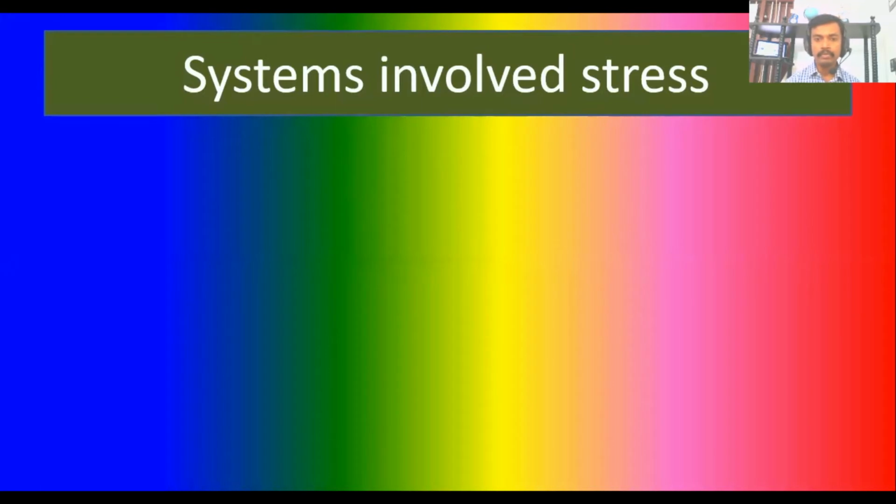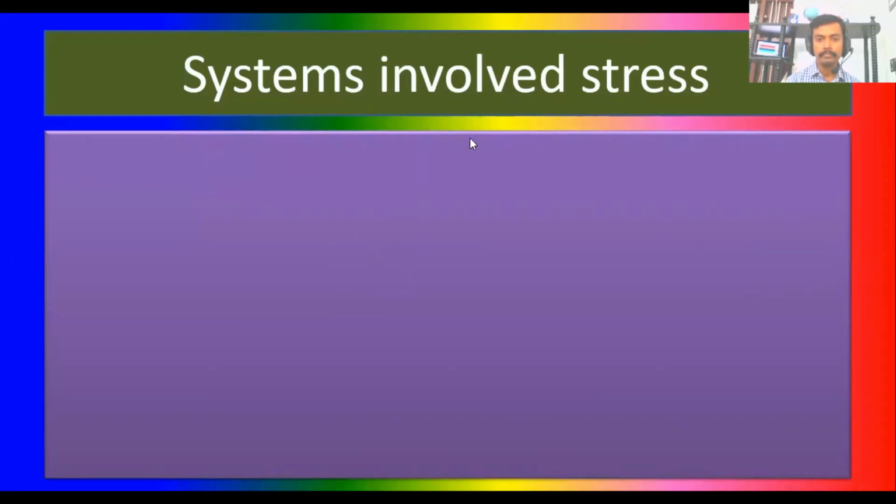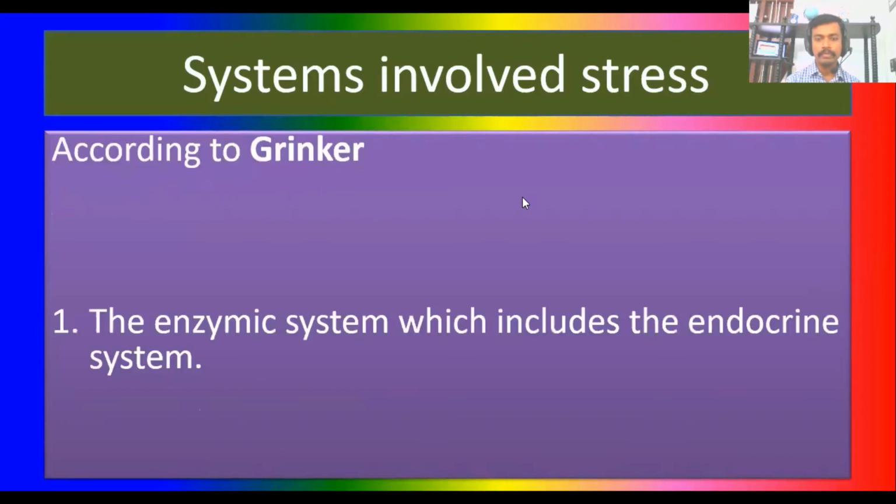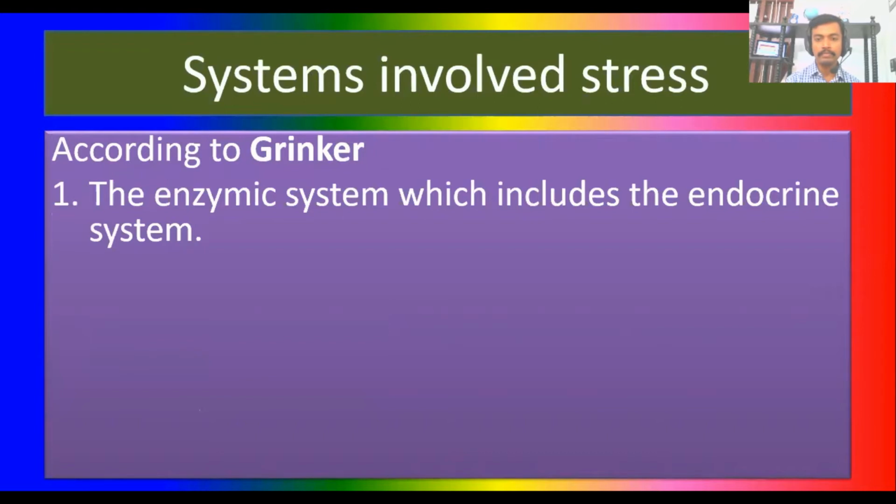So today we are going to detail the systems involved in distress. The first system is the enzymic system, including endocrine. We have enough knowledge regarding the digestive system and endocrine system. Enzyme is one of the elements for digestion.